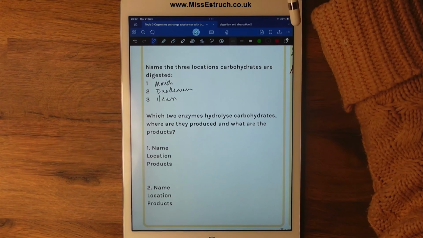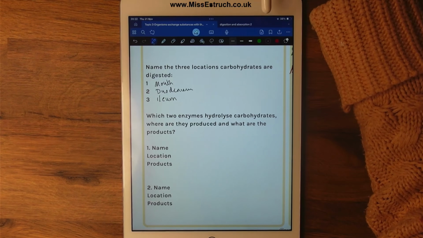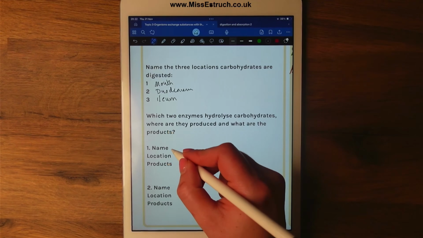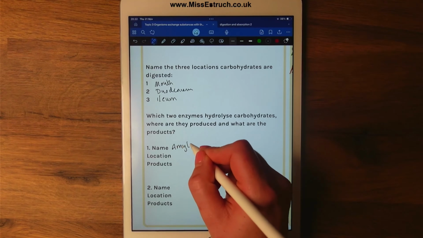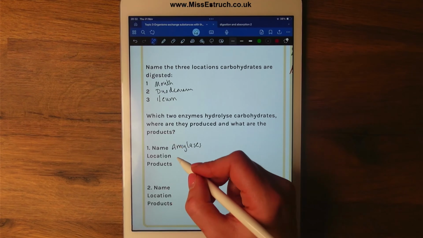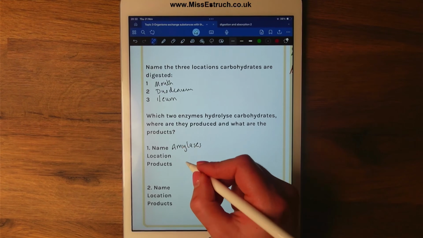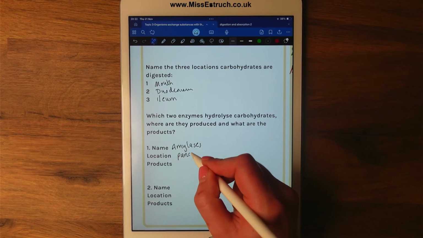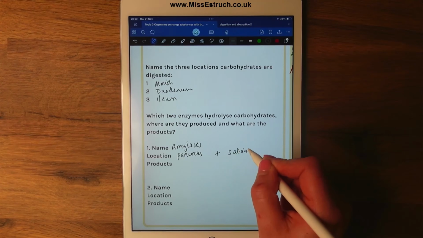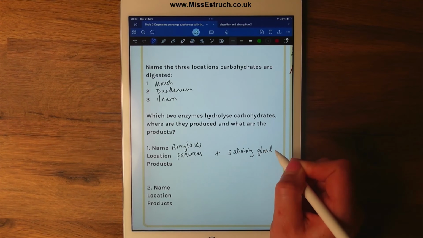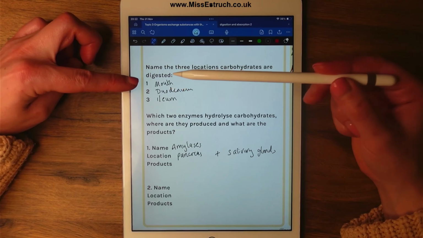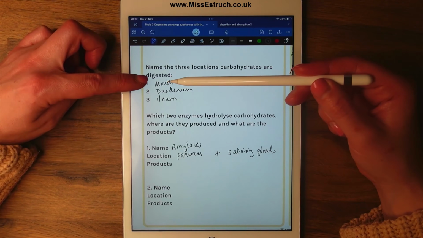The enzymes which are involved in this then, we have amylases, and the location of those being produced would be in the pancreas and the salivary glands. So because it's produced in the salivary glands, that's why carbohydrates can be digested in the mouth.